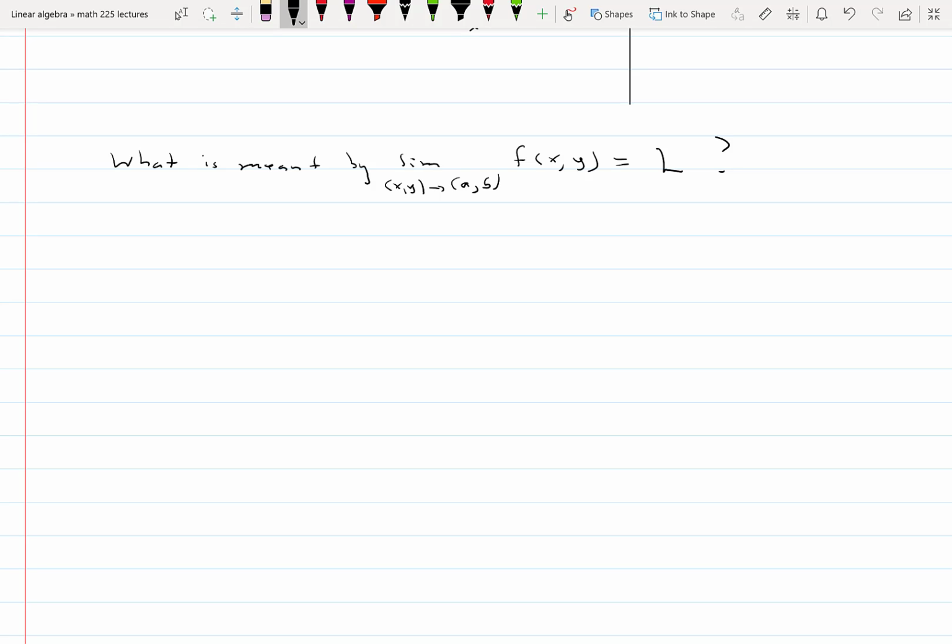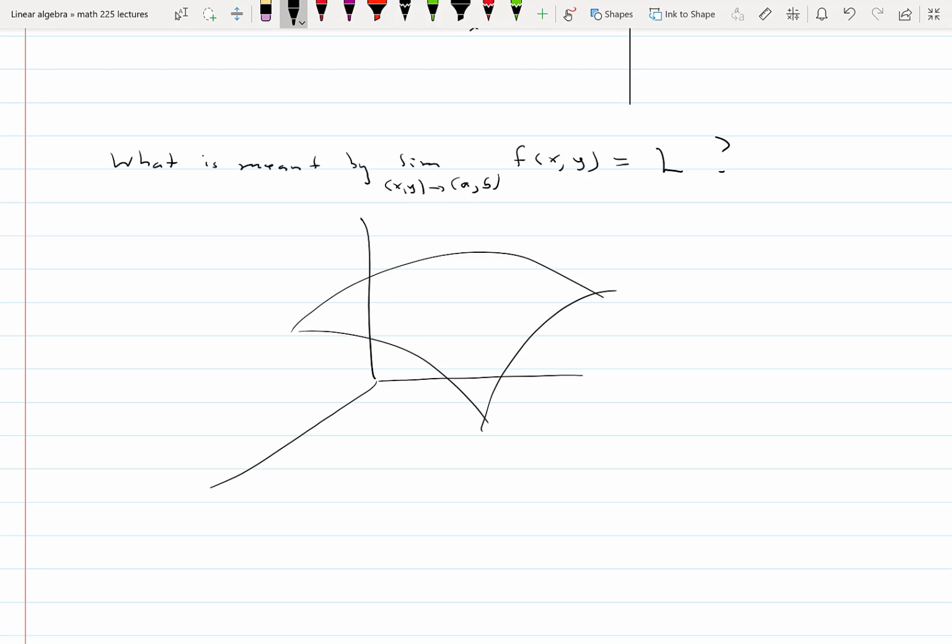What is meant is, let me see if I can get a decent graph of what's going on here. Here's the first octant, and here's a surface in the first octant.